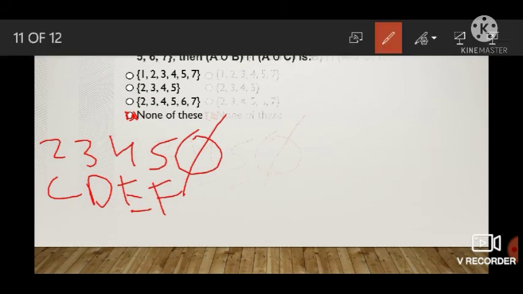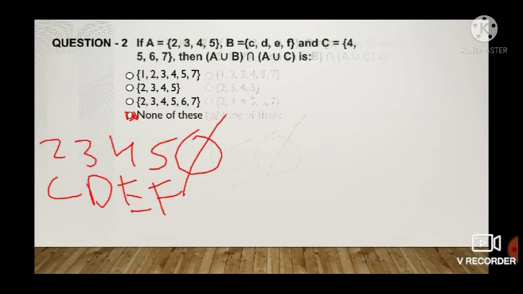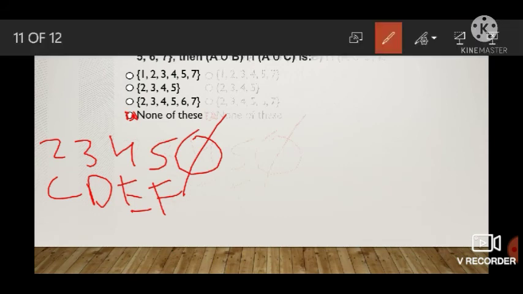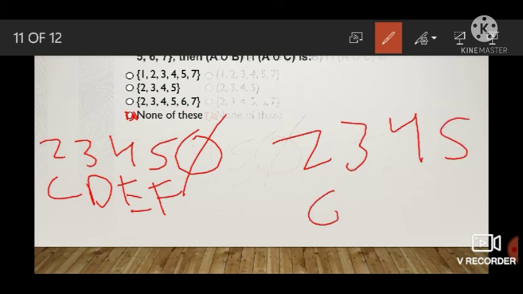A union C is 2, 3, 4, 5, 4, 5, 6, 7. The note we have also discussed is that 4, 5 will be counted only one time. So A union C will be 2, 3, 4, 5, 6, 7.